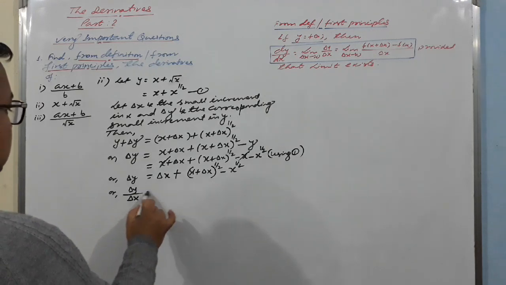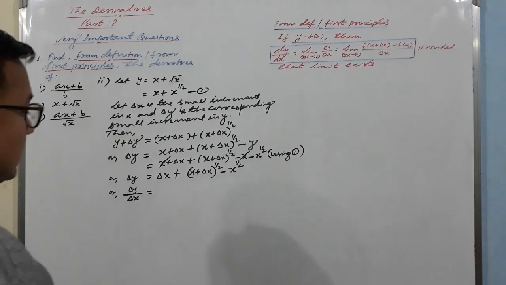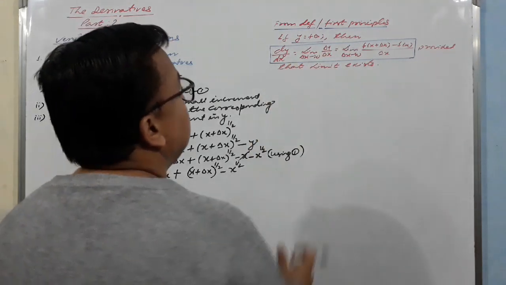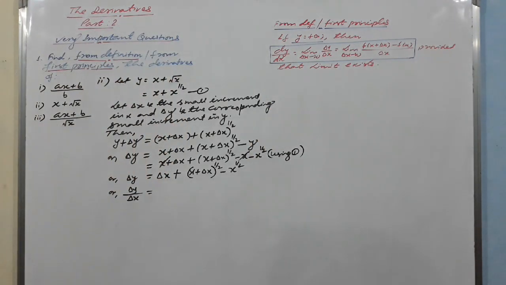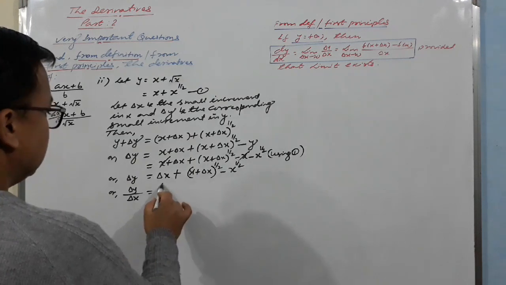After that you will divide both sides by delta x. Delta y by delta x, because we need this delta y by delta x, that's why we are dividing both sides by delta x.